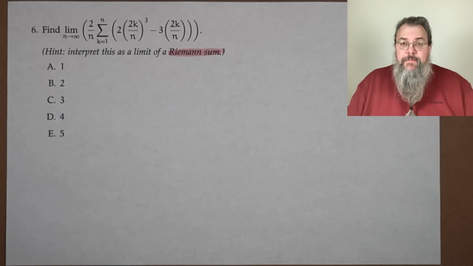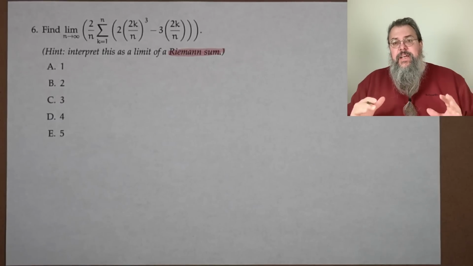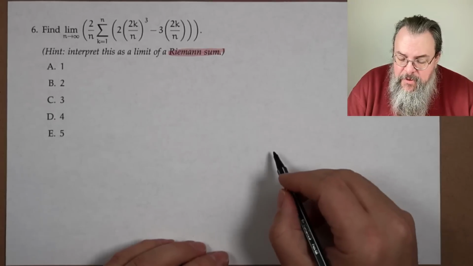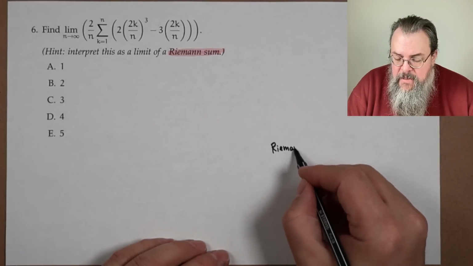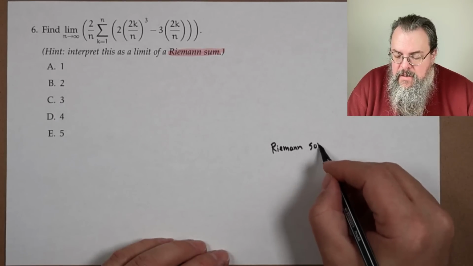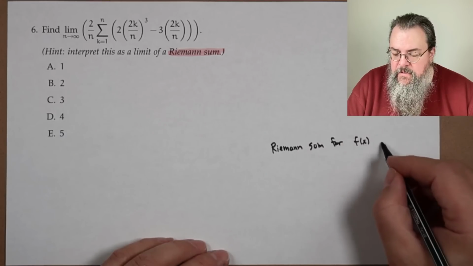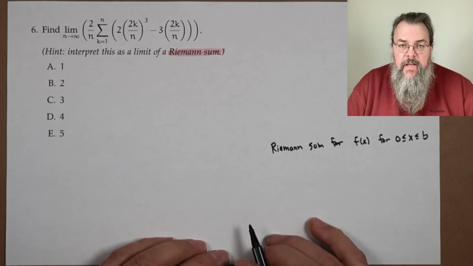Okay, so let's talk about what Riemann sums look like in general. And there's a very particular case that we usually almost always see. And it says the following. Suppose you want to have the Riemann sum for f of x for 0 less than or equal to x less than or equal to b.